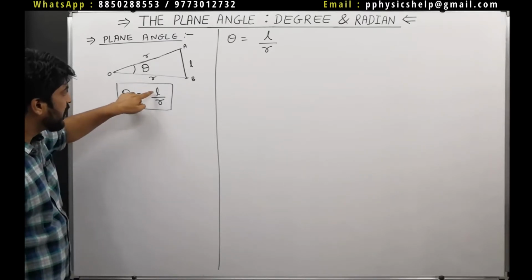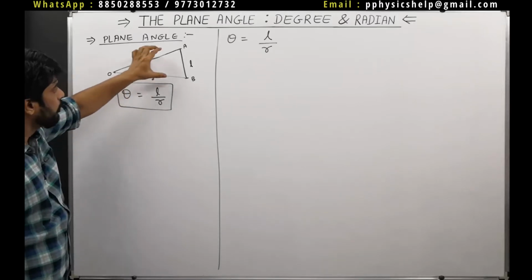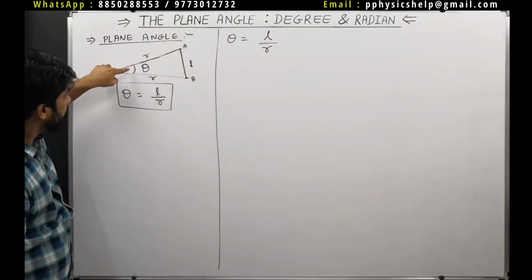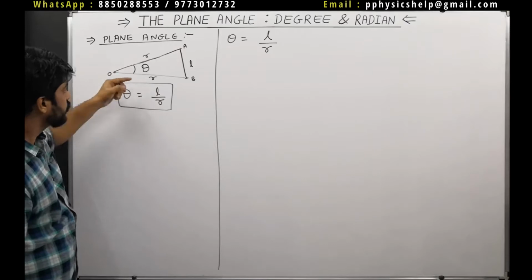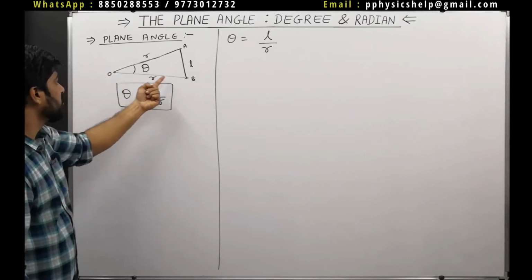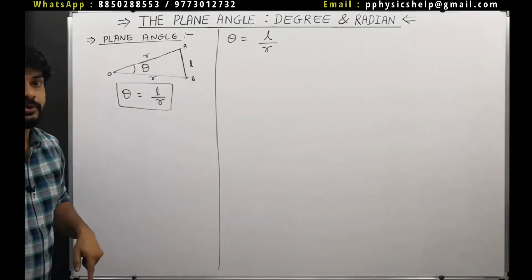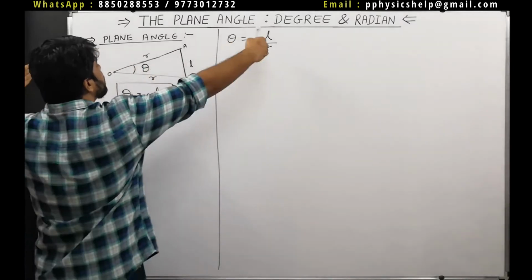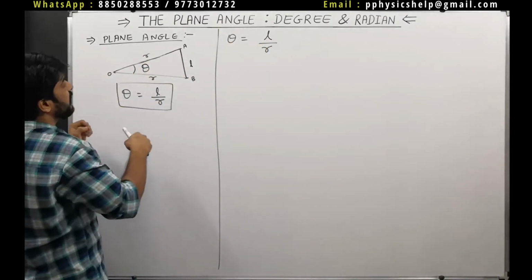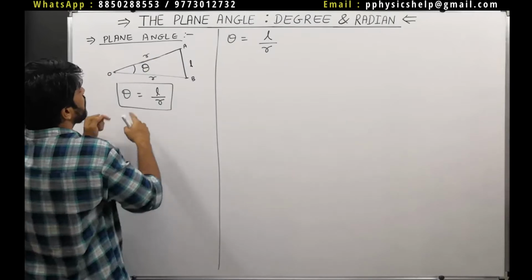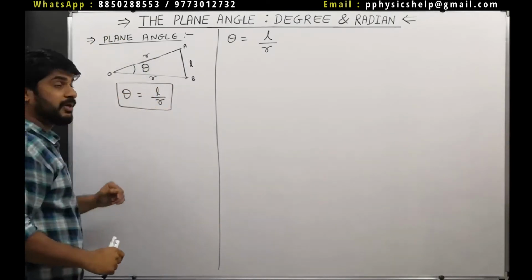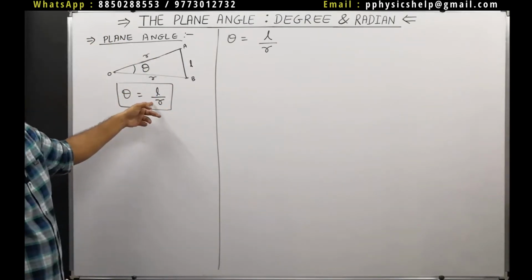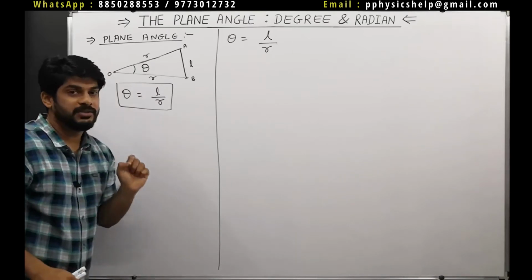Theta depends directly on this L. The more this length, the more is this theta. And we also saw it depends on this distance r also. As we increase the distance, theta decreases. As we decrease the distance, theta increases. So it is inversely proportional. In this way we have defined theta.